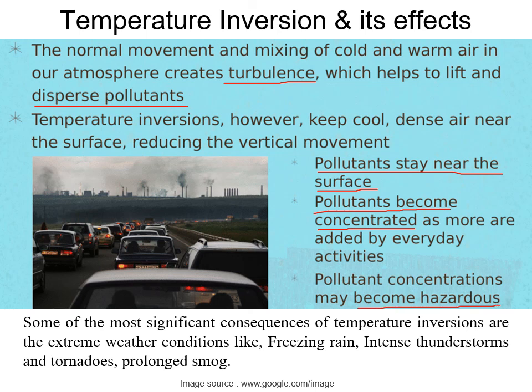So all the pollutants are concentrating gradually close to the surface. Along with breathing, in the respiration process, these pollutants will go to the lungs of every organism. So that becomes hazardous if more and more temperature inversions occur.